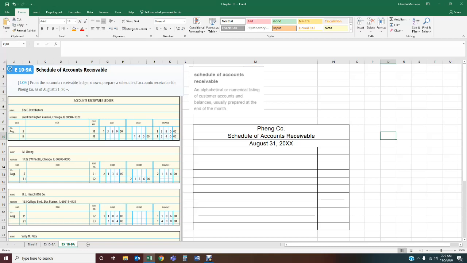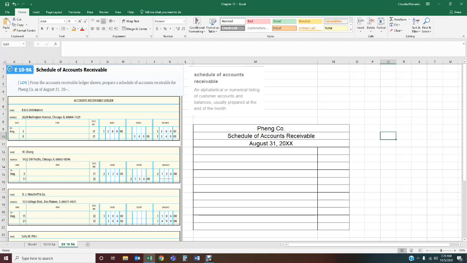If the customers were labeled by account number, maybe B&G Distributors is number 1, Mr. Chang is number 2, Hinchcliffe is number 3, then you would organize them by account number. In this case, we don't have an account number provided, so we're going to have to organize it alphabetically.